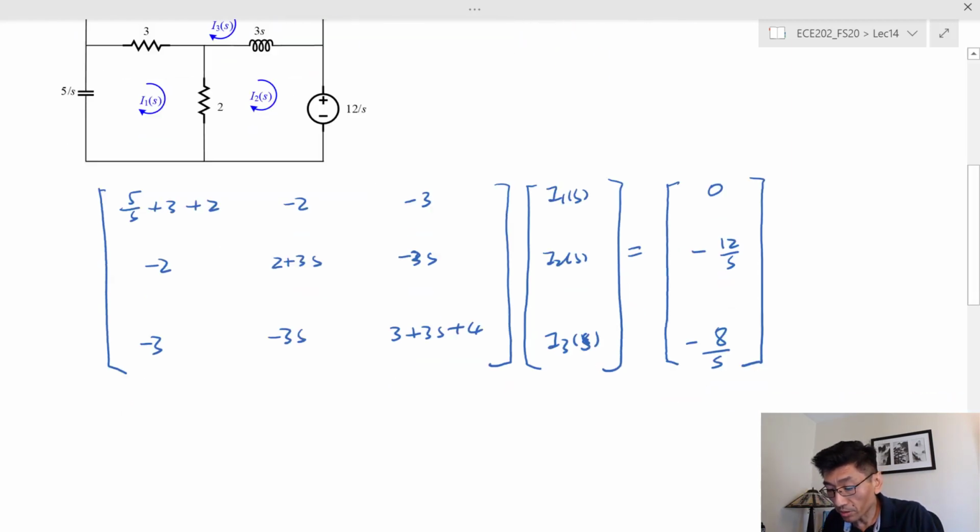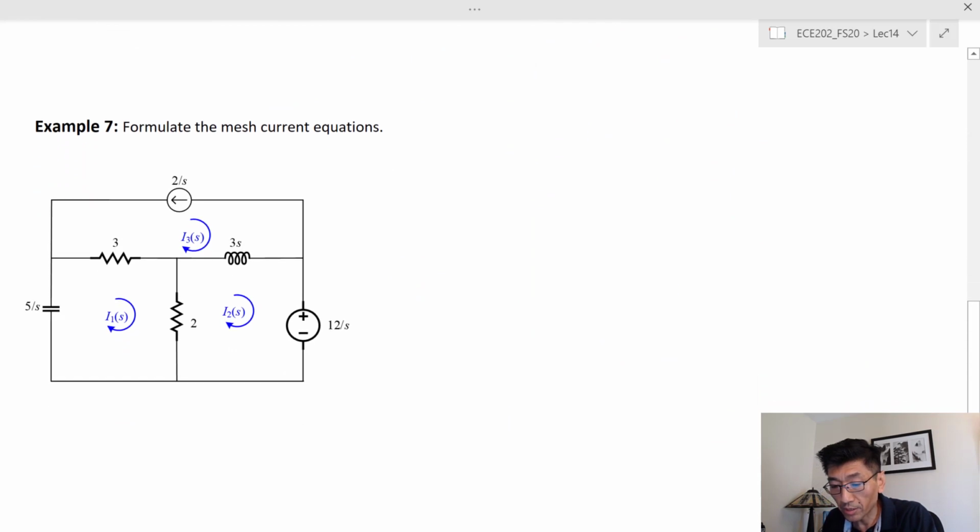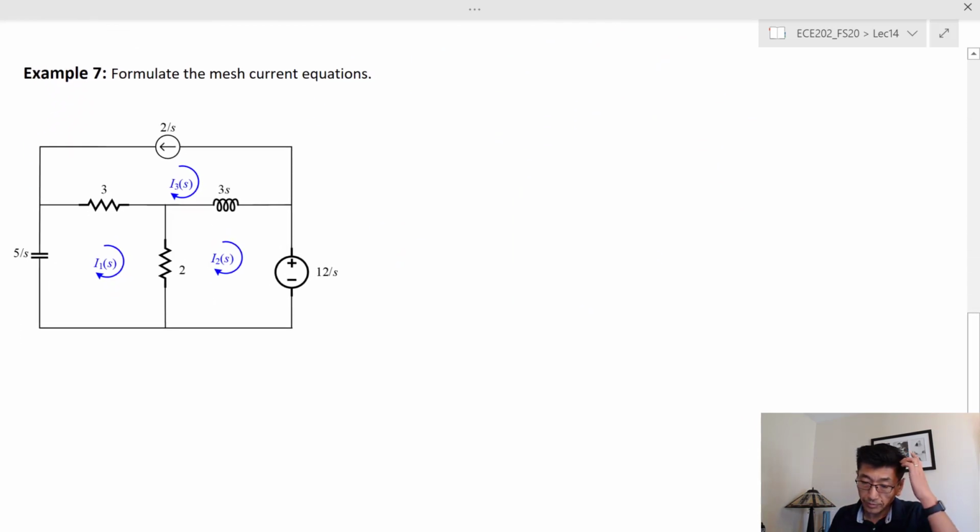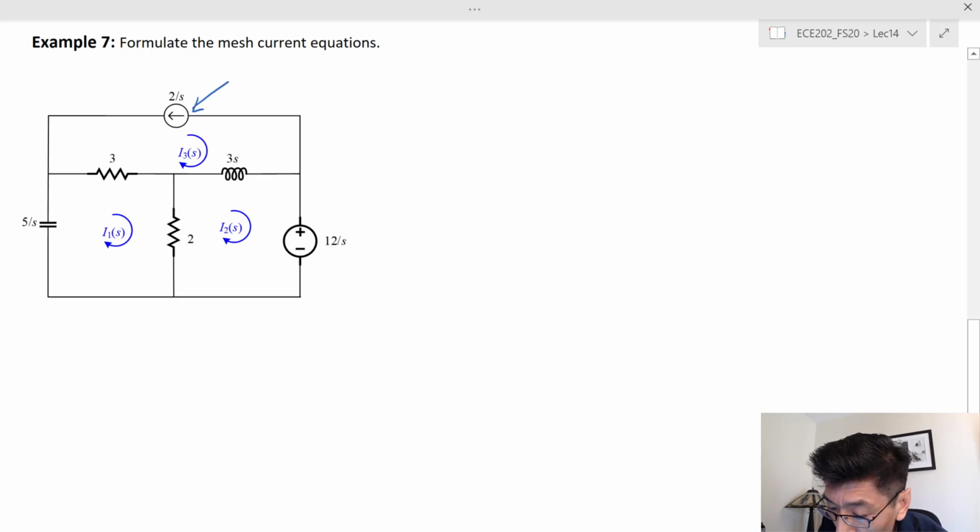Case number 2 is if we have a mesh current that's not shared by any two meshes. In this case, this is a current source that's actually creating the trouble, right? So let's do mesh 1. I don't think mesh 1 and mesh 2 make any difference. Now I'm writing the basic equation, not doing it by inspection, because now we have the current source.